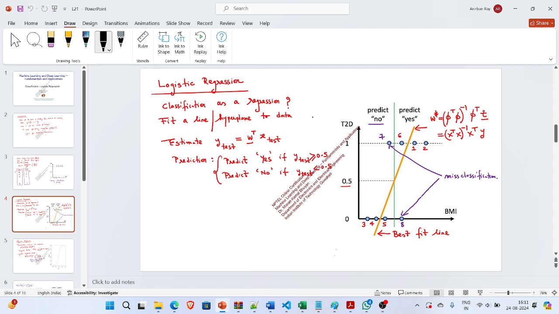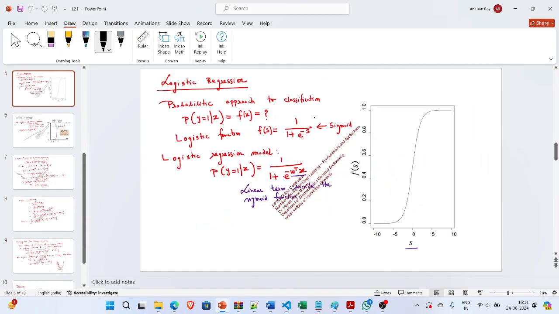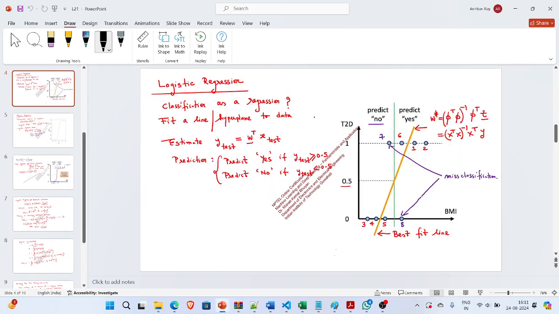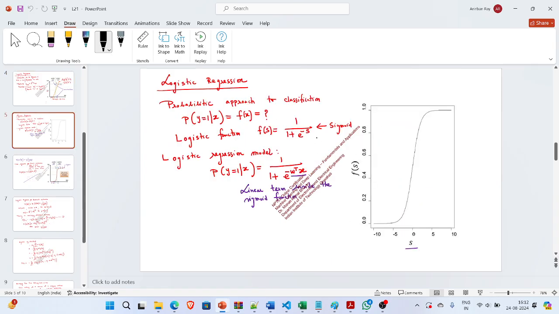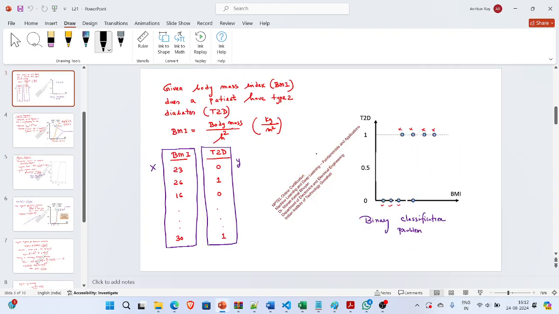But the thing is that if there is an outlier or any bigger value comes, this will not work out. So we use this type of sigmoid function. The probability, this is called logit. If logit is greater than 0.5, then we predict class 1, or otherwise class 2. So that is how we model the classifier.